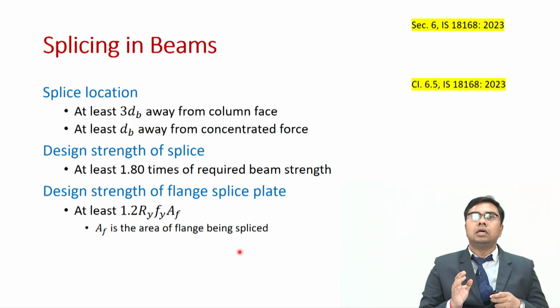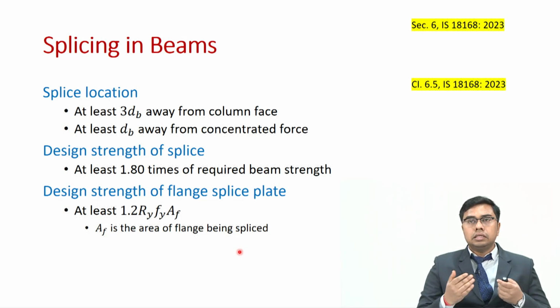In most cases in buildings you will not have very high concentrated force, except for industrial structures where you may have some machinery installed and you will have some concentrated force. Then the design strength of a splice should be at least 80% of the required beam strength.